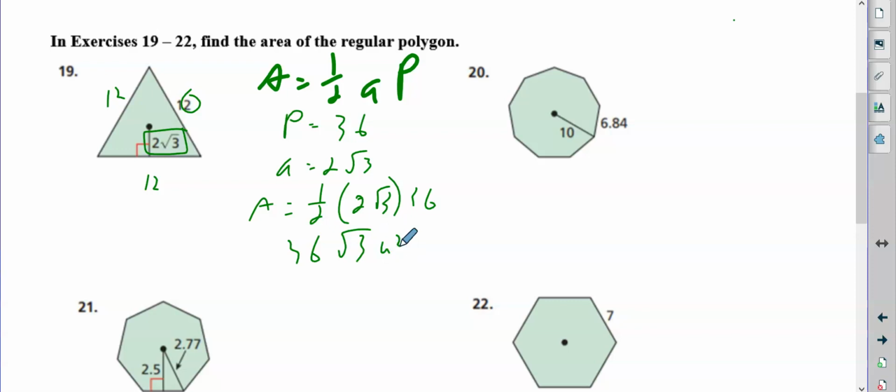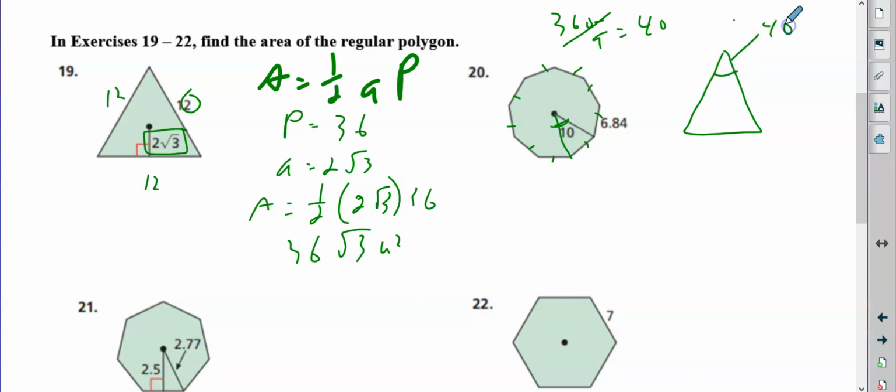Okay, number 20. So in this case, we have that right there. Okay. So we know it's 1, 2, 3, 4, 5, 6, 7, 8, 9. This is a nonagon. So to make life easier, let's just pull this triangle out a little bit. Now, first off, since it's a nonagon, 360 degrees divided by 9 is 40, which means this angle right here is 40 degrees.